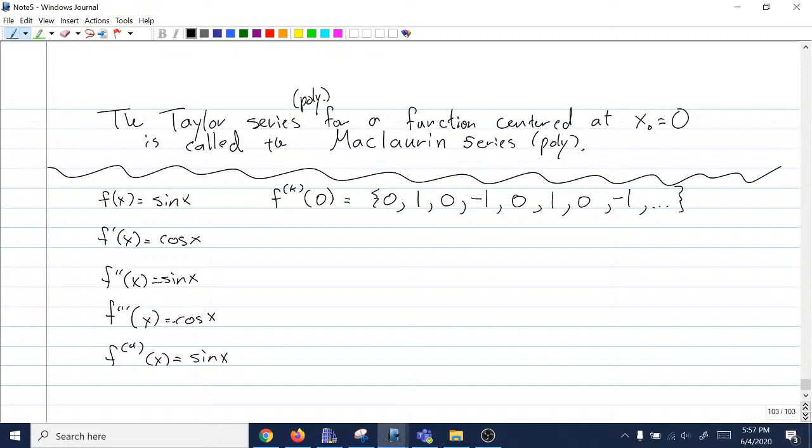So the Taylor series for sine x, or I guess we should call it the Maclaurin series, I just said.